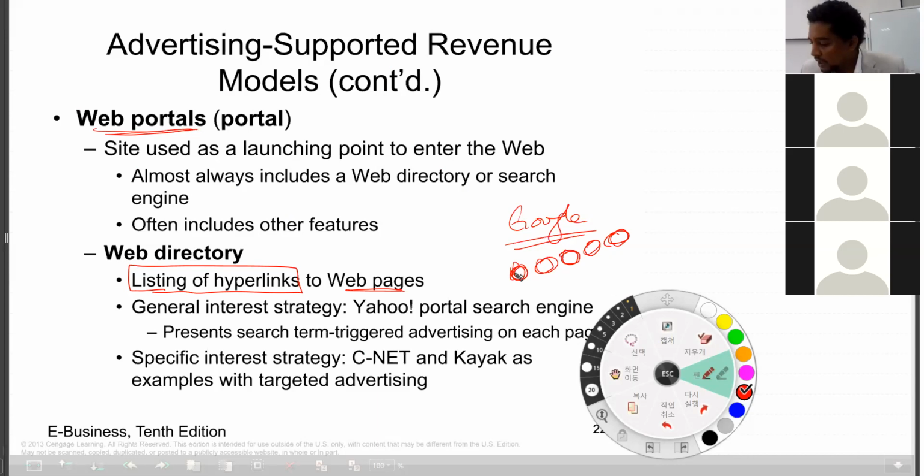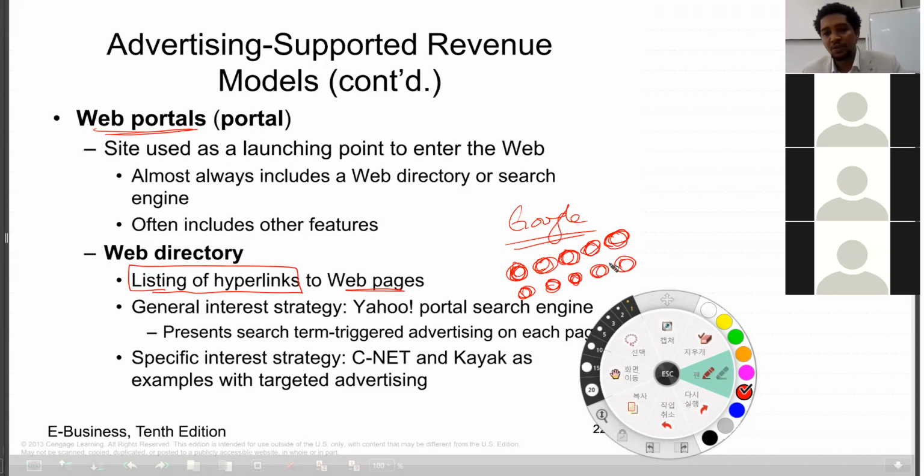These hyperlinks to different websites are categorized based on your interest of search, right? So let's say you have installed Google for the first time and you searched for Swan University portal.